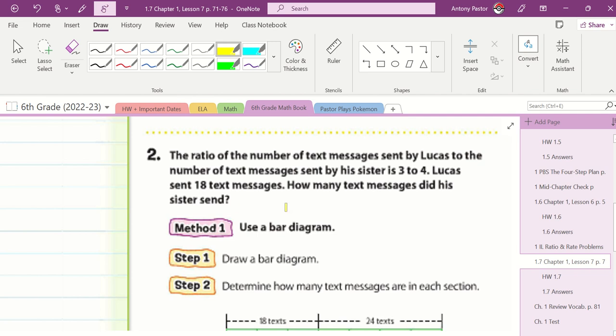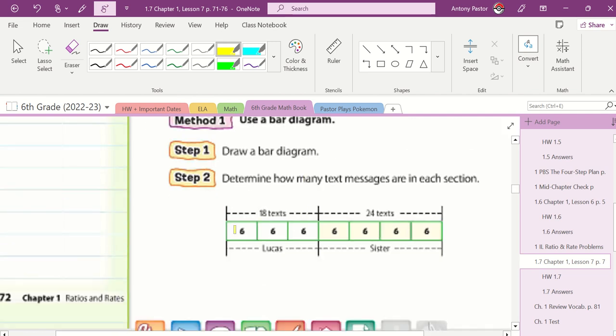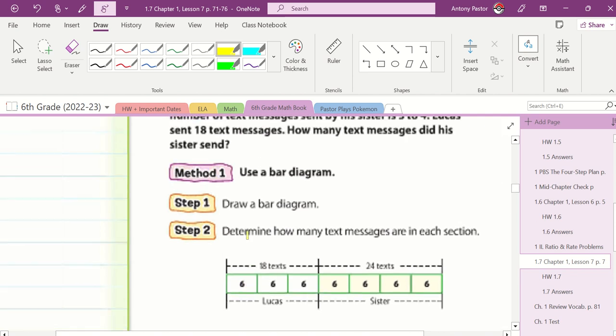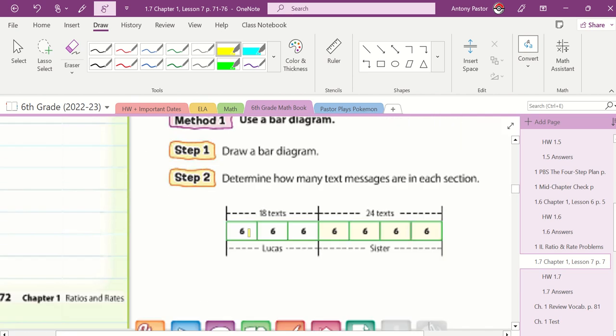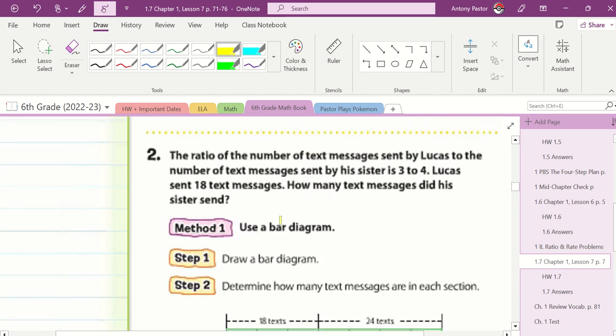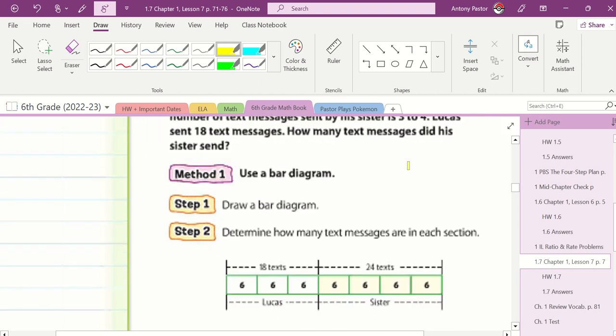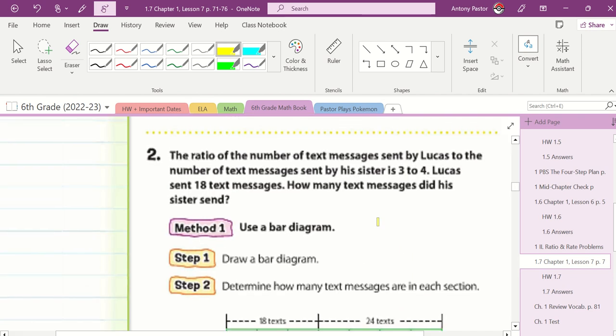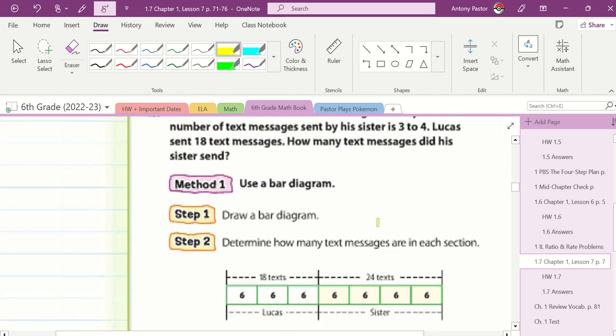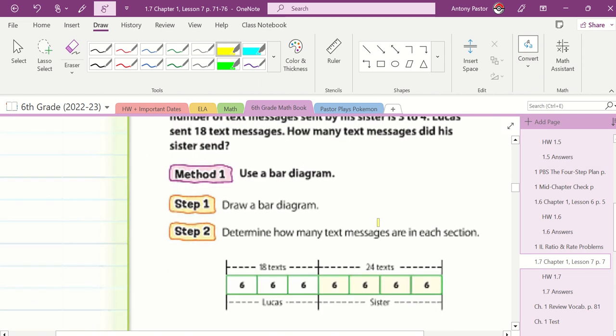So we can use a bar diagram like we did here. Like we said, Lucas sent 3 text messages to his sister's 4. This is a little confusing because it automatically just writes this down like you know the numbers. So, use a bar diagram.